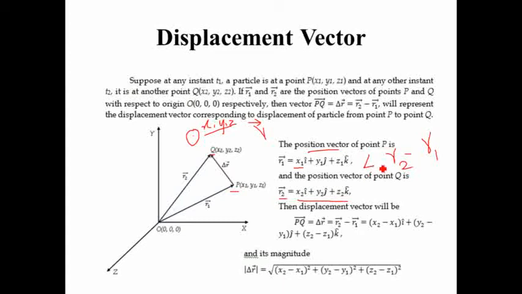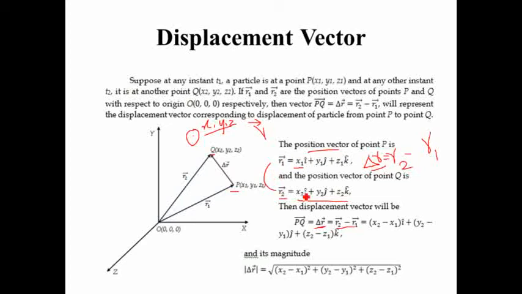Change in the position is always represented by del r. The object has changed its position from r1 to r2, and r2 minus r1 can be represented as change in position, which is del r. So my change in position del r is nothing but the r2 vector minus the r1 vector, which is simply the subtraction of two vectors.